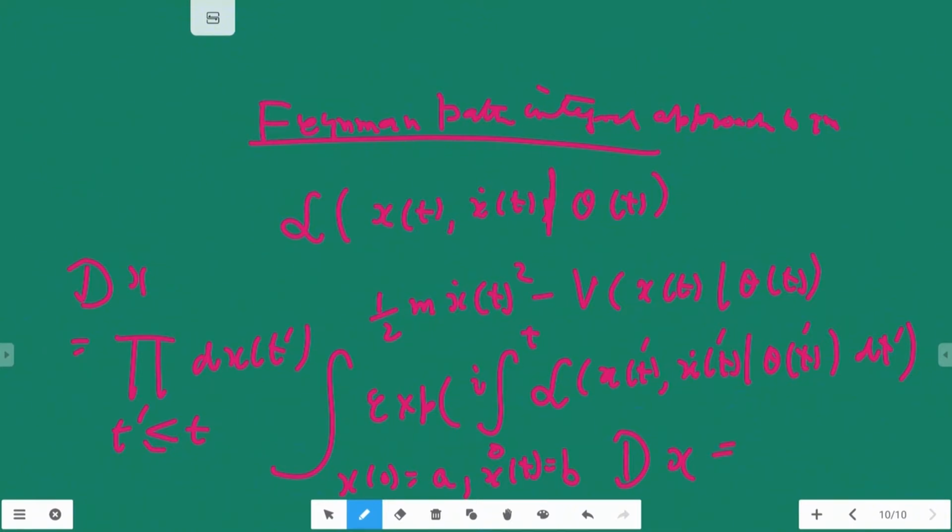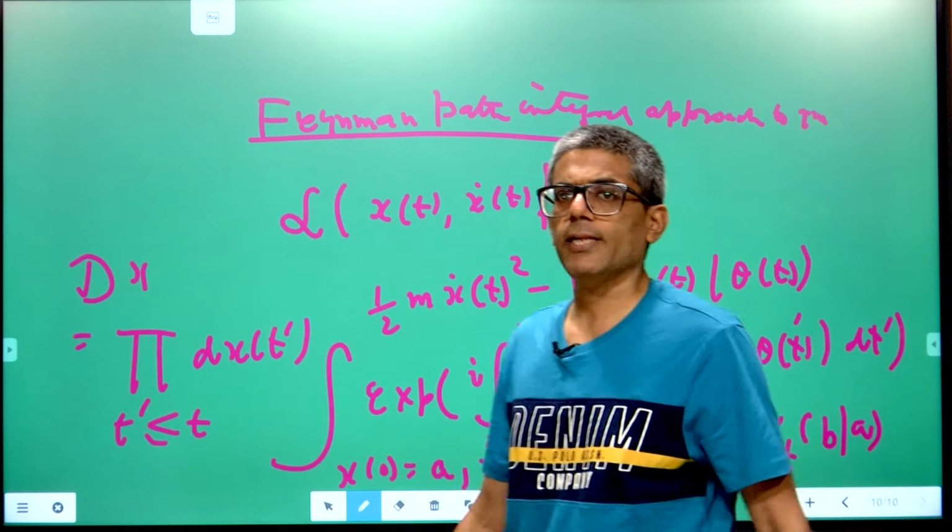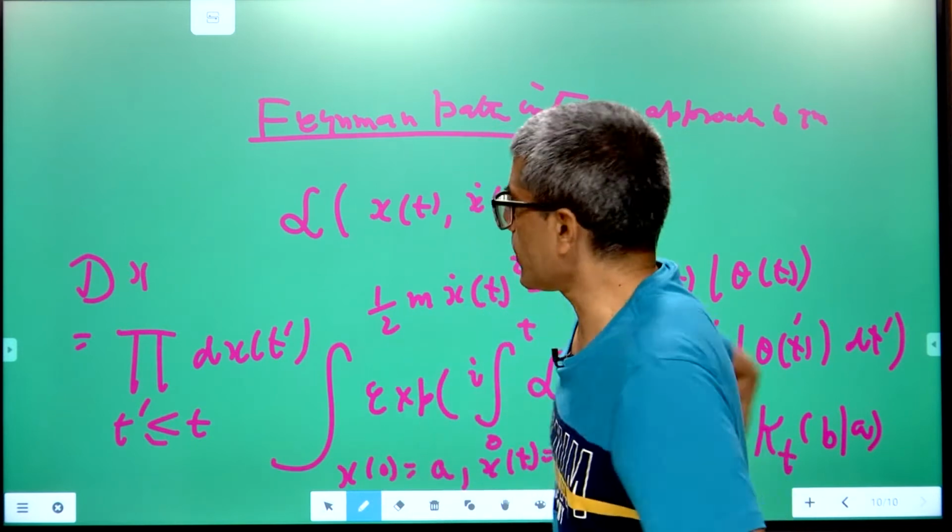Then if you call this kernel k ba, it provides the unitary evolution kernel for the Schrodinger equation.